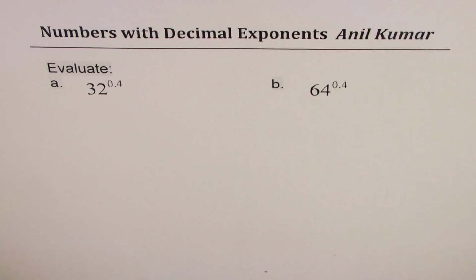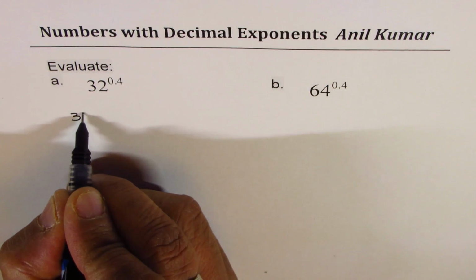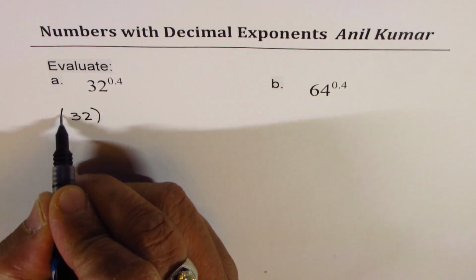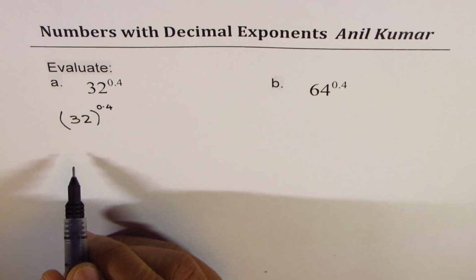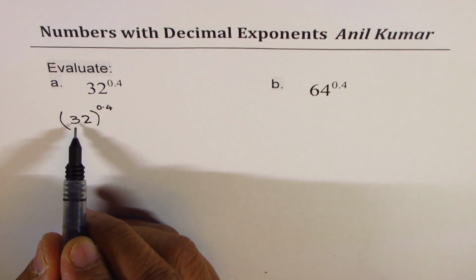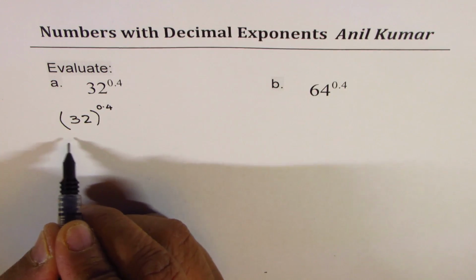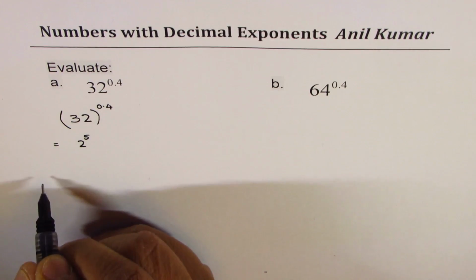All right. So let me begin with the first part, which is 32 to the power of 0.4. Now I'll show you two different ways of doing it. The best way: we could write 32 as 2 to the power of 5, which is 32, right?